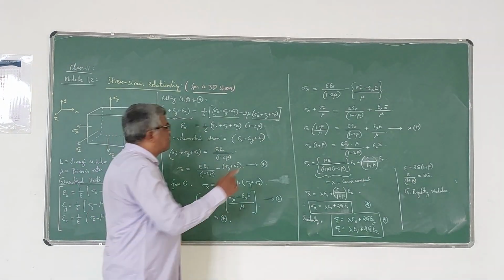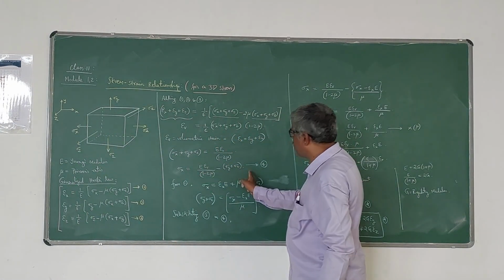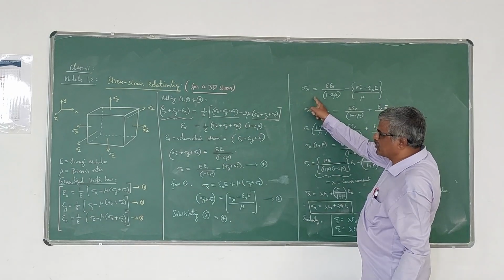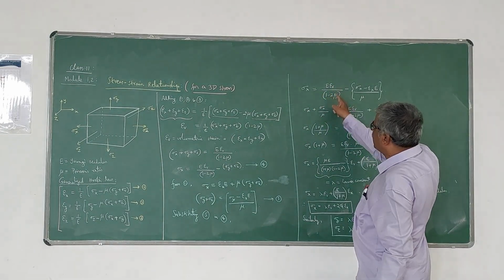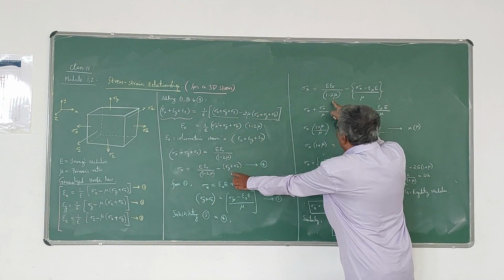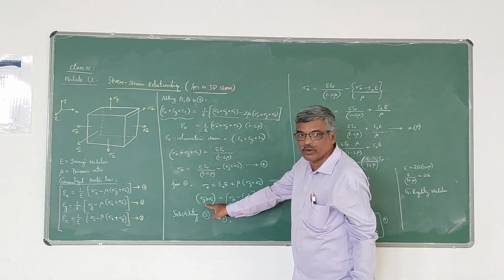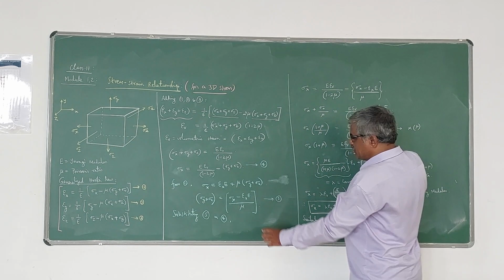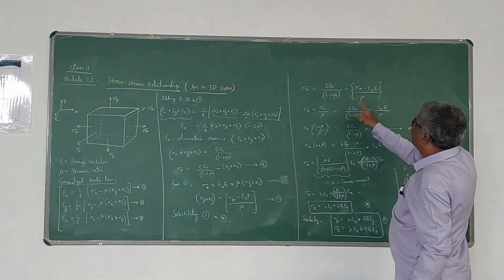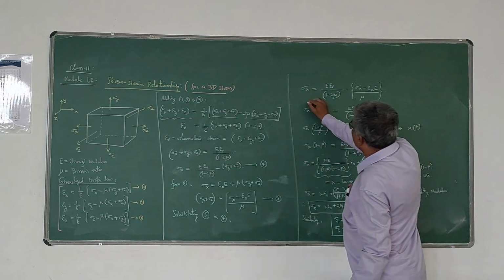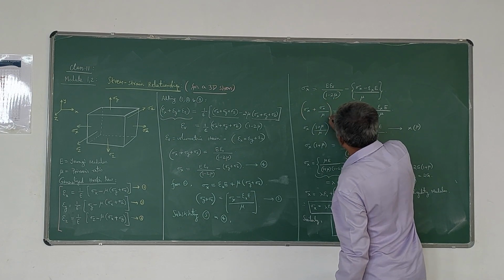So that means equation 4 now becomes sigma x is equal to E into epsilon v divided by 1 minus 2 mu minus of this one, because in the place of sigma y plus sigma z I am writing this expression. Now I have to combine the sigma x terms to one side.